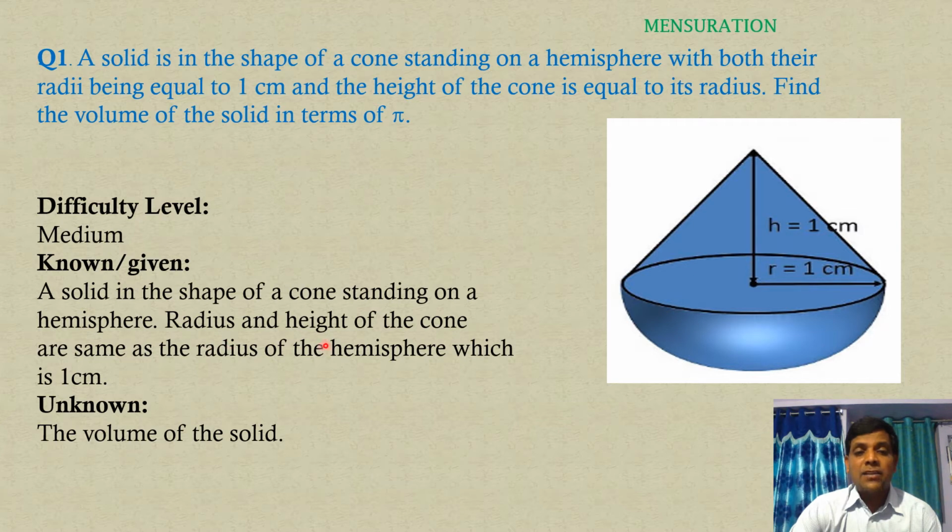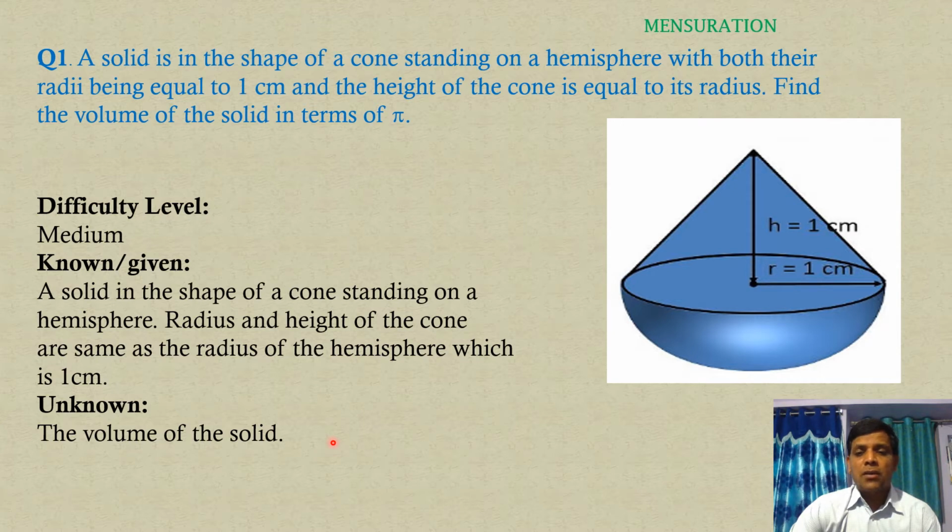The radius and height of the cone are the same as the radius of the hemisphere, which is 1 centimeter. So radius and heights are equal.